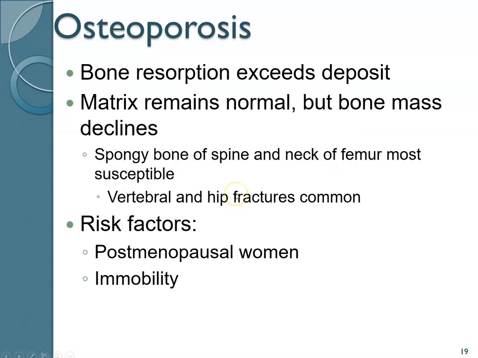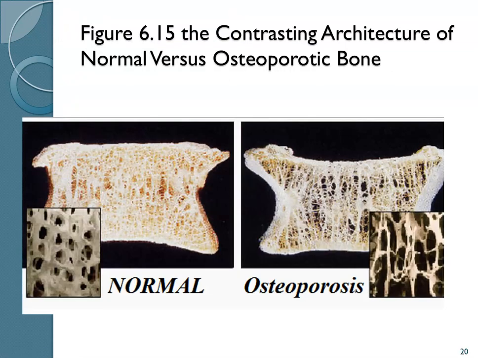So these fractures are very common in osteoporosis. Here's a picture showing that. This is the normal honeycomb appearance of spongy bone, but here there are many more gaps in this bone tissue, right?